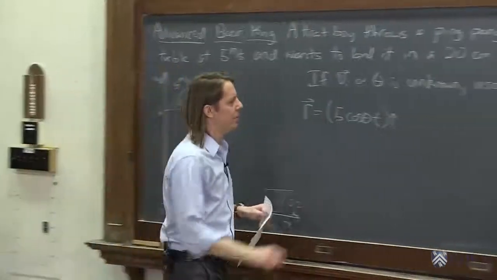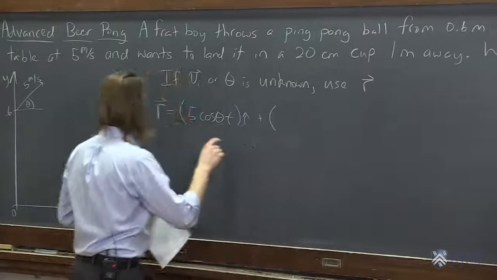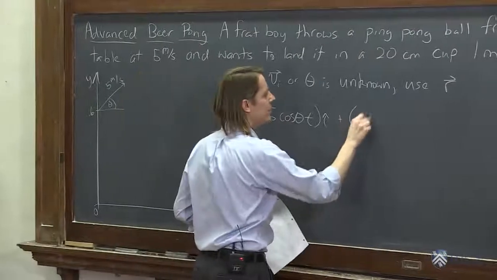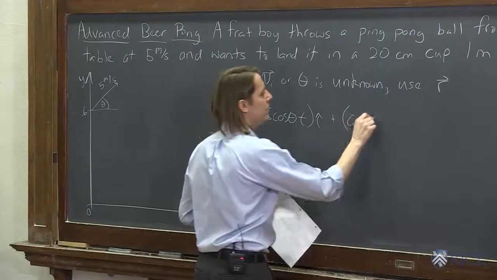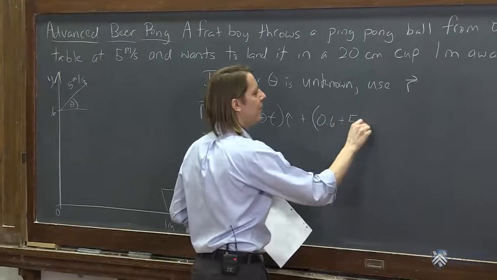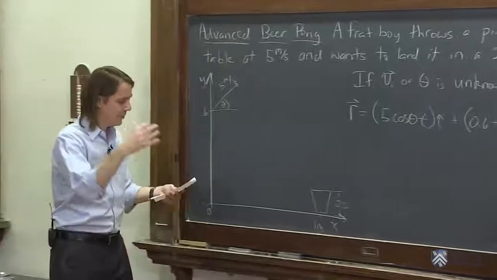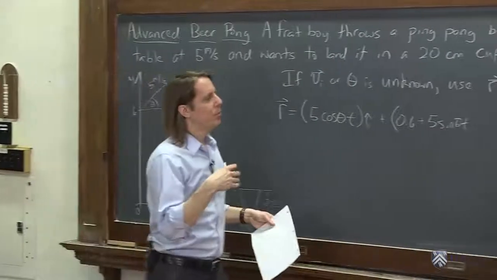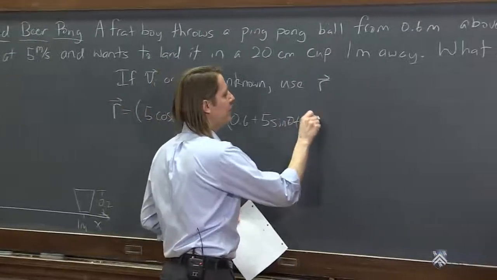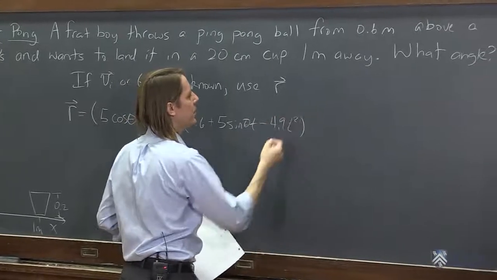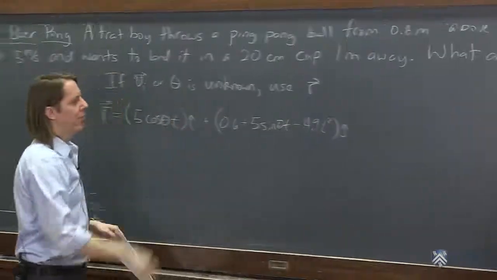And the y component did start at 0.6. It has an initial velocity 5 sine theta t. And of course in the y, it's accelerating down, minus 1/2 gt squared, or minus, I'll save myself some math, 4.9 t squared. That's 1/2 of gravity, 4.9.